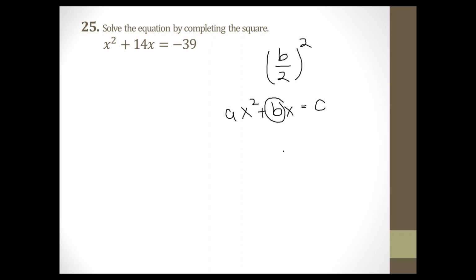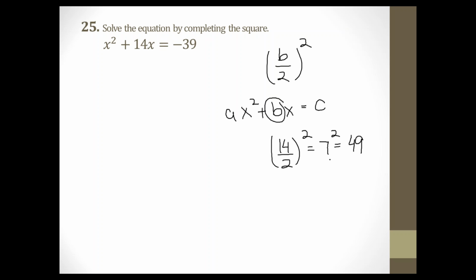So in this case 14. Plugging in 14 for my b into this formula, I will get 14 divided by 2 is 7 squared, and then 7 squared is 49.